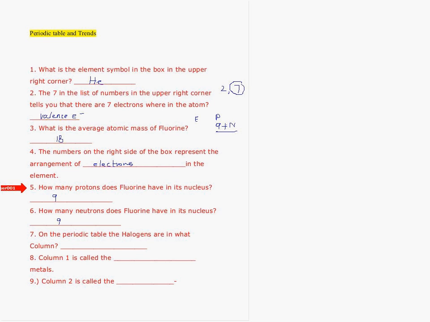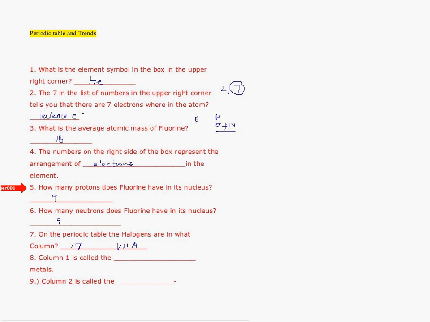On the periodic table, the halogens are in what column? The last one. Yeah. So what is the name of the column? This is 17, or you can say 7, right? You count the columns, the periodic table goes like this.